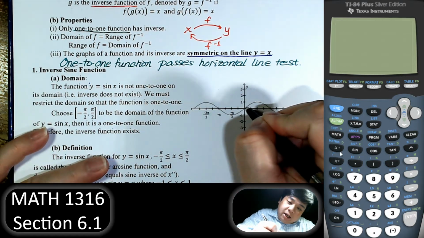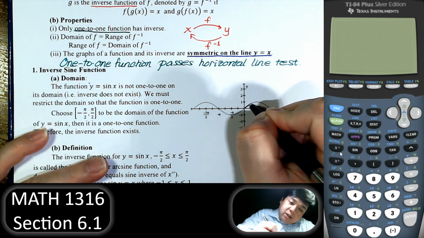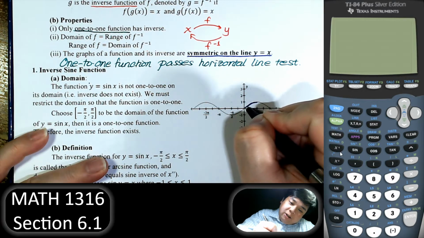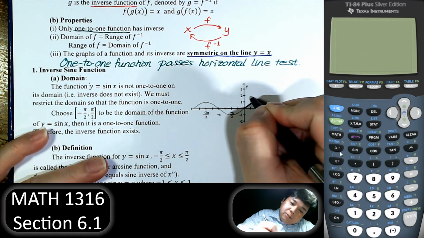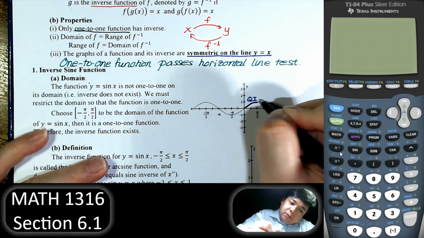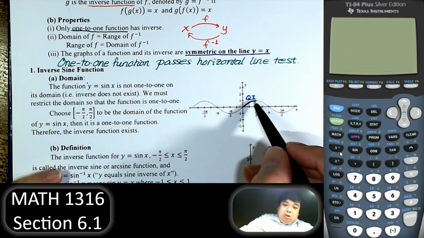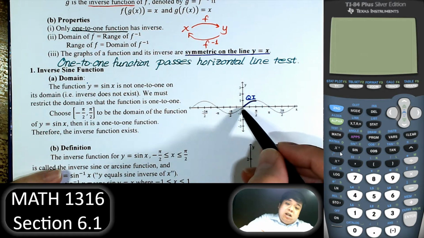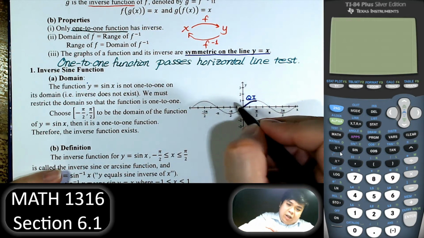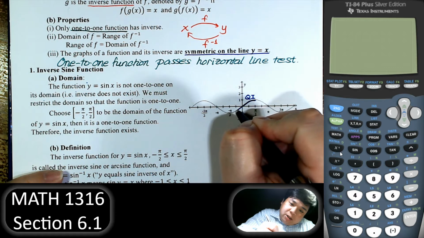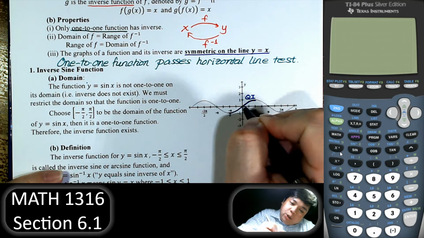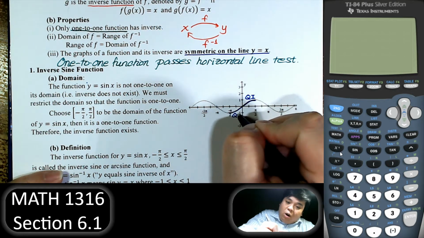So let's look at the sine function. This is in quadrant 1, from 0 to pi over 2. Of course, that part is 1 to 1, but it doesn't cover all the negative values. So if I choose this part from negative pi over 2 to 0, this is in quadrant 4.